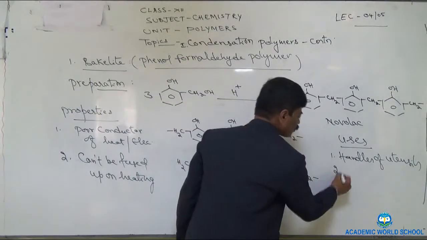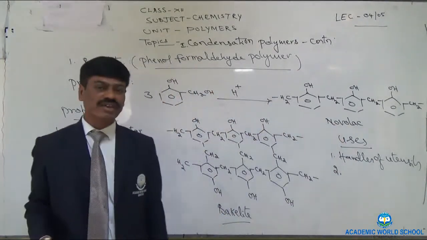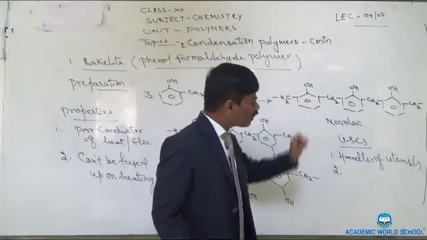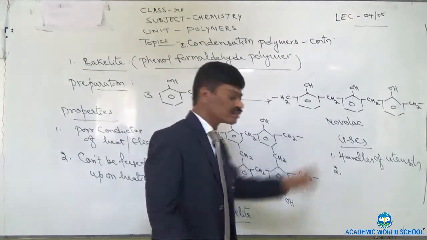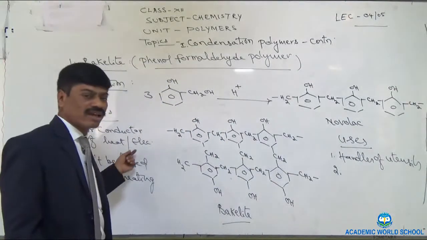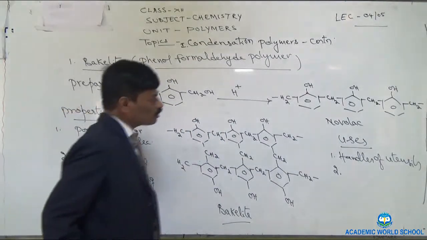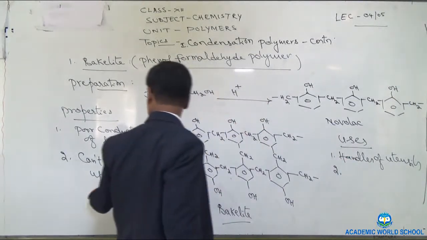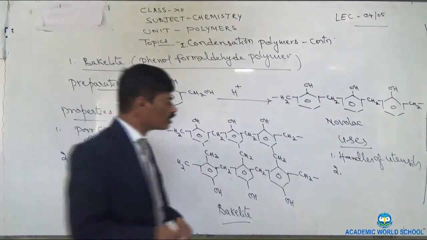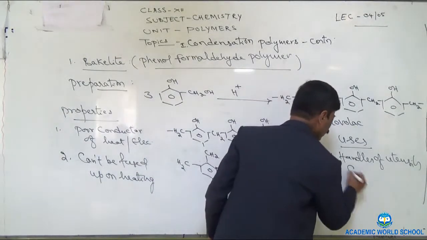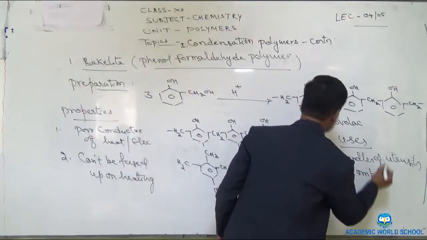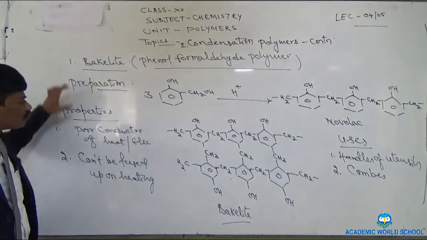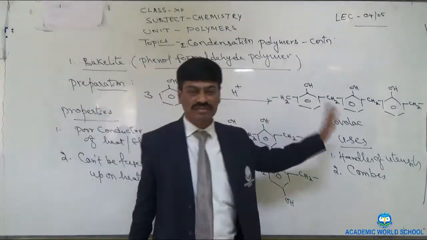Number 2, it is a poor conductor of heat, therefore it is used in making the handle of a utensil, means poor conductor of electricity as well as heat. This property is used in making handles of utensils. The next property is it cannot be fused upon heating, therefore it is used in making good quality combs. So the chemistry of Bakelite included preparation, properties and uses.